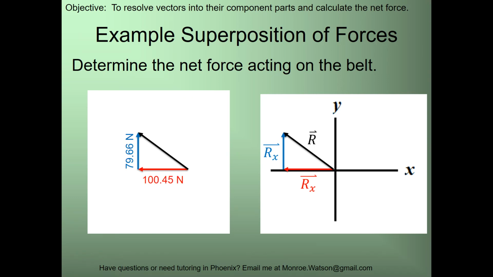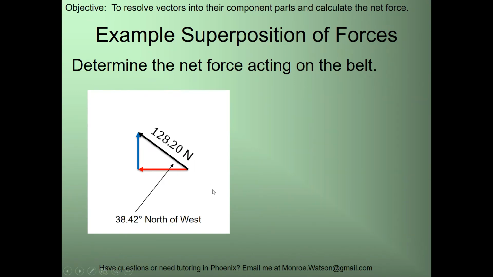We've written our x and y components, and then used the Pythagorean theorem to get our magnitude of the hypotenuse. And then we're going to use our trig ratios, specifically inverse tangent, to give us the angle of 38.42 degrees north of west. This is, remember, a hard thing for a lot of students, and that is to go west first and go 38.42 degrees north of that, so it's north of west.